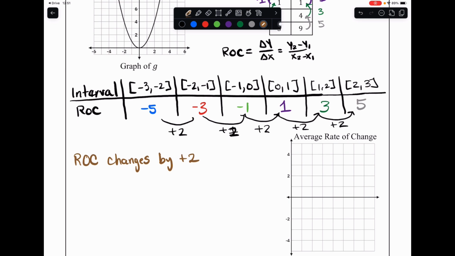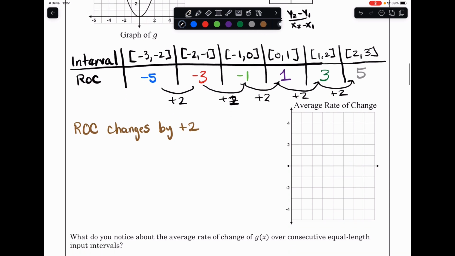So in other words, our rate of change changes at a constant rate.